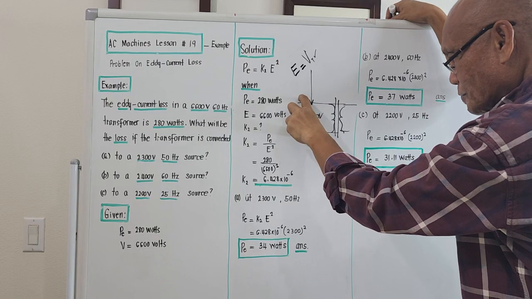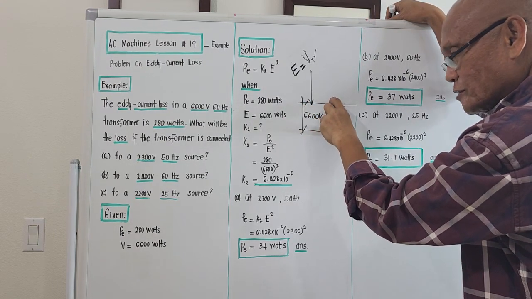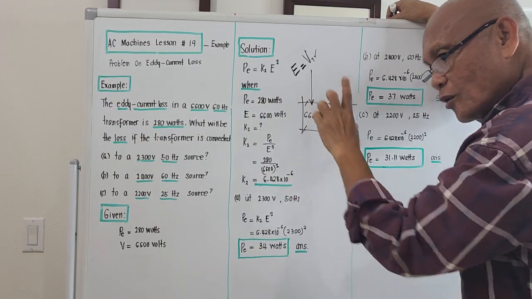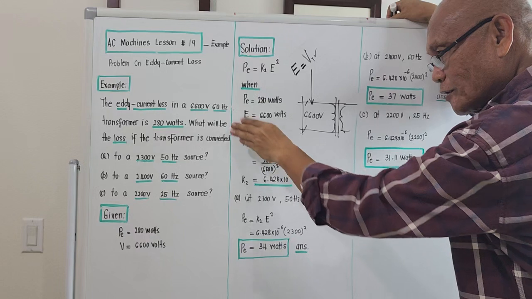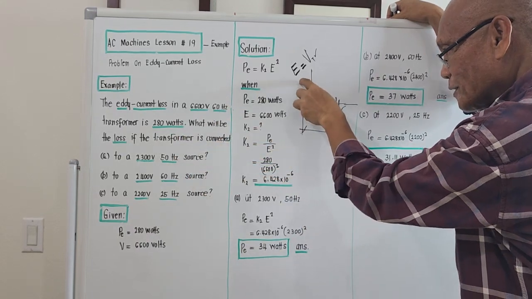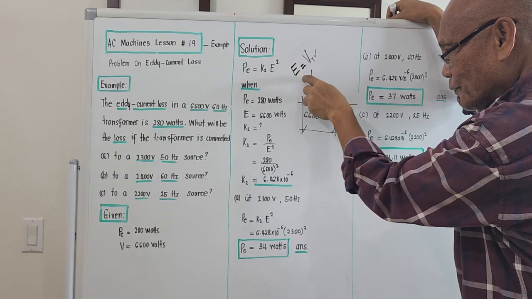They are not equal, but they are almost equal, okay? So for simplicity of solution, we will assume that the given terminal voltage is equal to E.